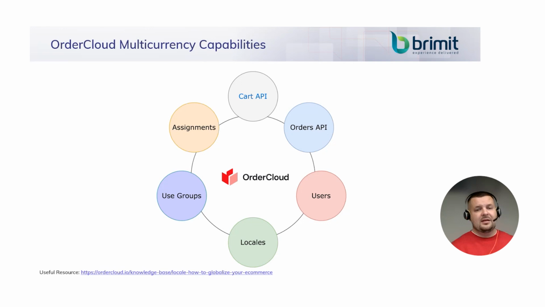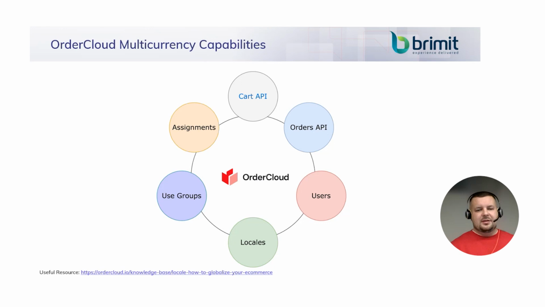Cart API is like a wrapper for the orders API. So to be honest, it's almost the same, but the OrderCloud team, according to the project needs, created a separate cart API for that.